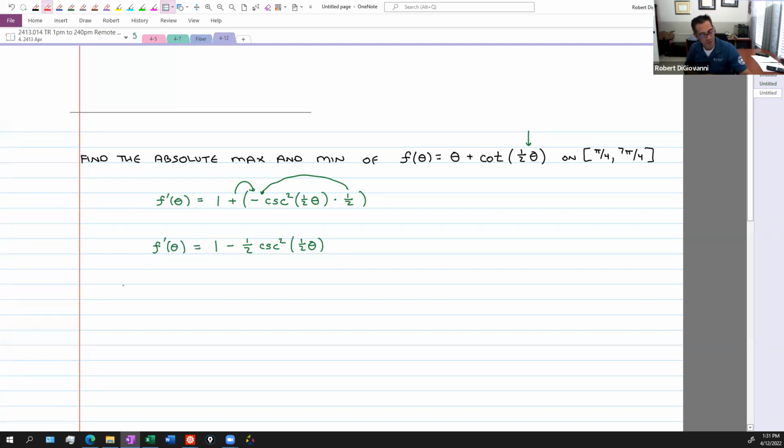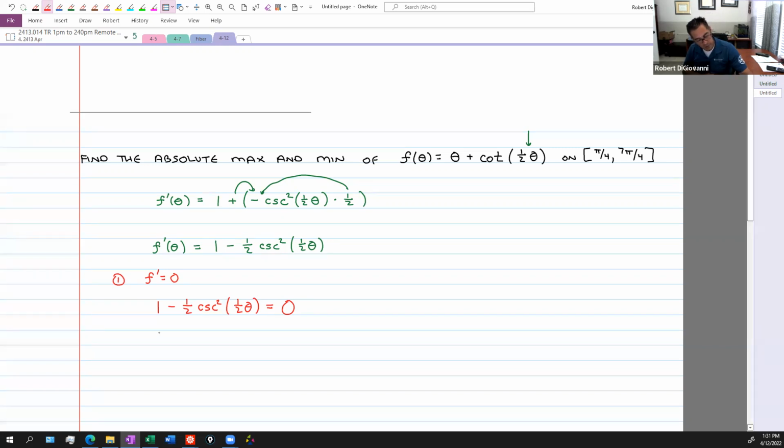Let's figure out where it's 0. Where's my derivative 0? Well, 1 minus 1/2 cosecant squared of 1/2 theta equals 0, setting it equal to 0. Ooh, geez. All right. So we're back in pre-cal now.